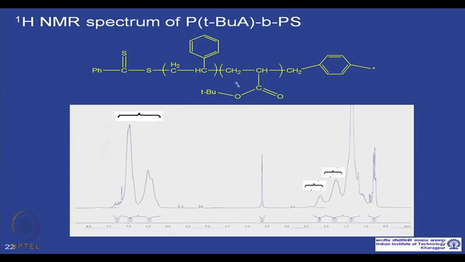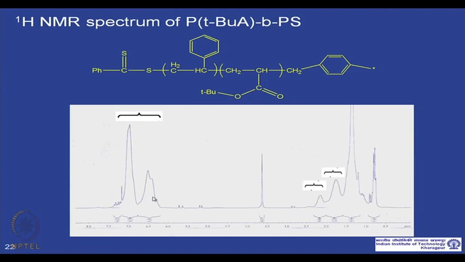Now, once you isolate the pure first block and then react it with the styrene molecule, you get this block copolymer. Obviously, now this is a longer chain, so you can ignore these 4 aromatic protons compared to the number of aromatic protons present in the styrene.